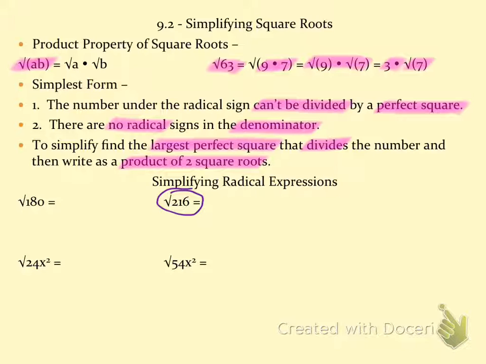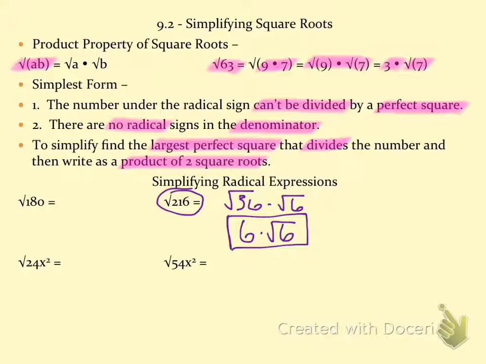I think the largest ends up being 36. Yeah, so 216 divided by 36 gives me 6. So I can rewrite this as the square root of 36 times the square root of 6. Obviously 36 is a perfect square, so when I take the square root of it, I get 6 times the square root of 6, and that'll be my final answer.